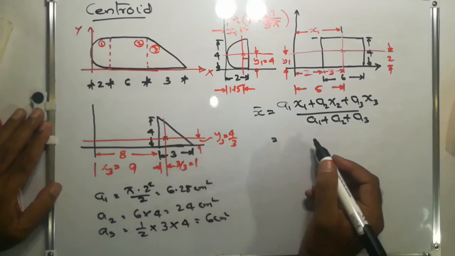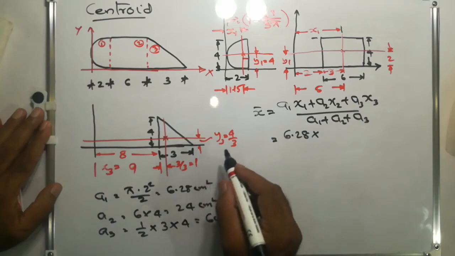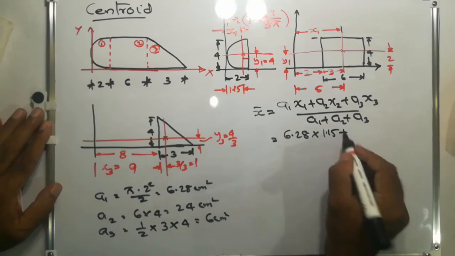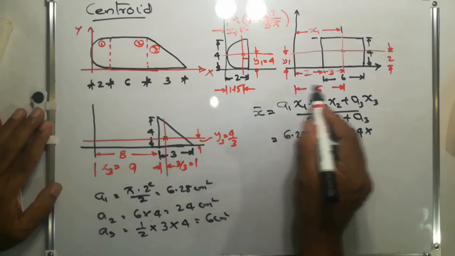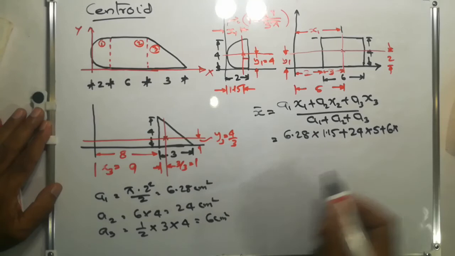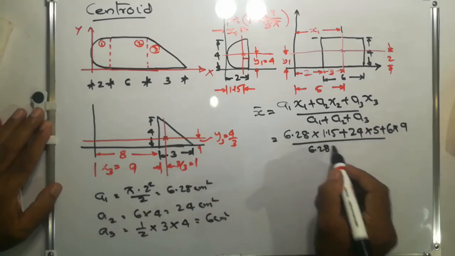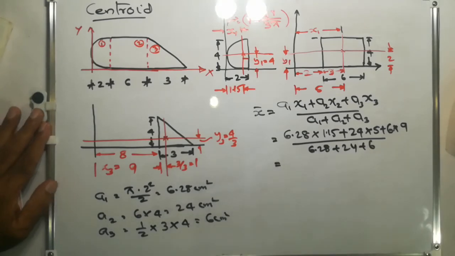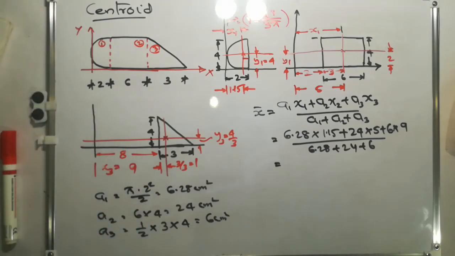Now x bar is equal to 6.28 into 1.15 plus 24 into 5 plus 6 into 9 divided by 6.28 plus 24 plus 6. We will get x bar equal to 5 centimeters.